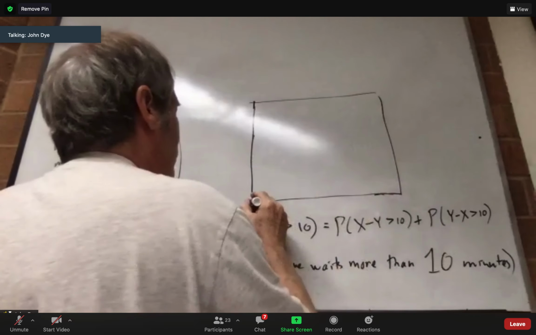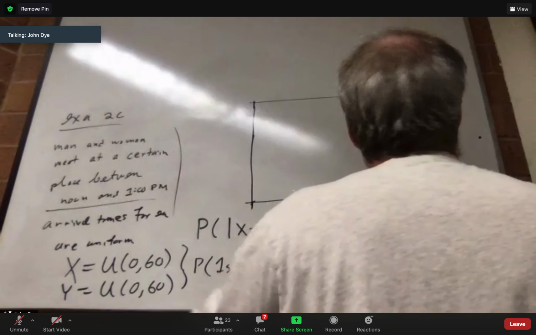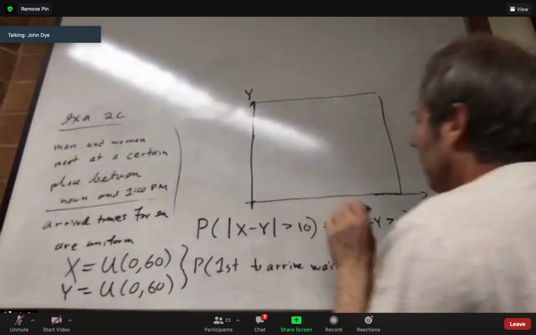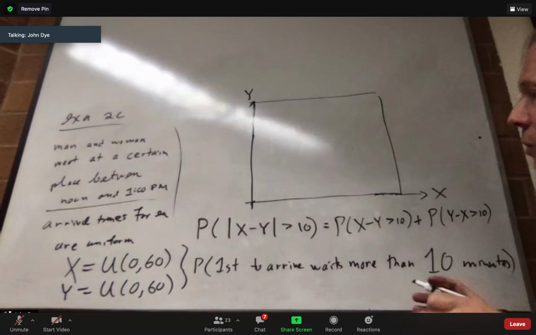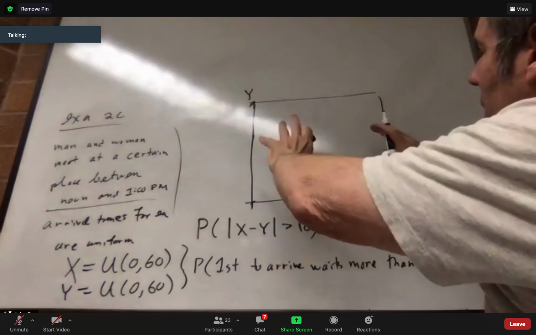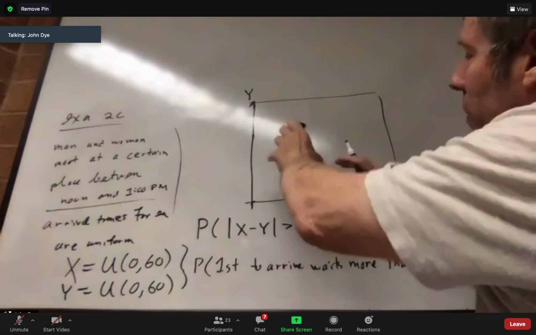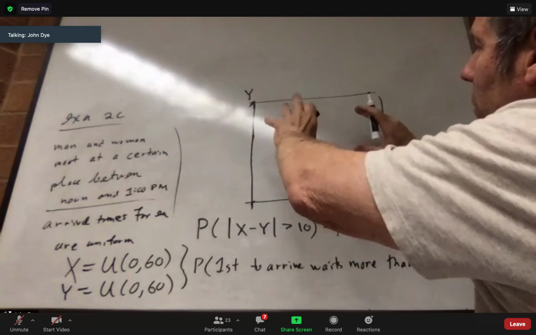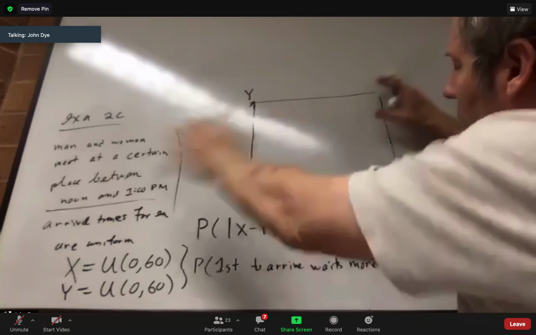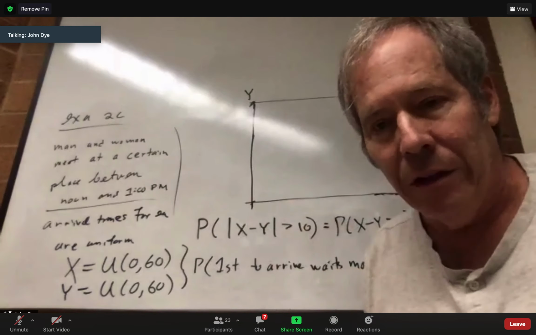Okay, so this is the origin. So X is this way and Y is this way. So I think that A was asking me about this. How do I represent the joint distribution here? Well, look, this is a uniform. Any combination of X and Y or regions is the same probability. It's just a question of area. The joint density is zero outside of this footprint.